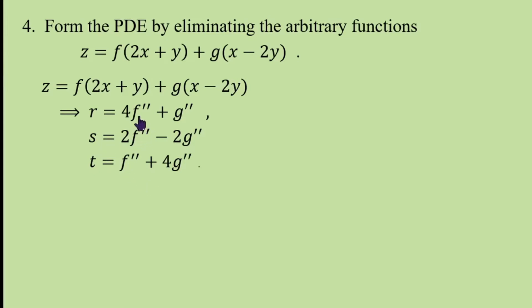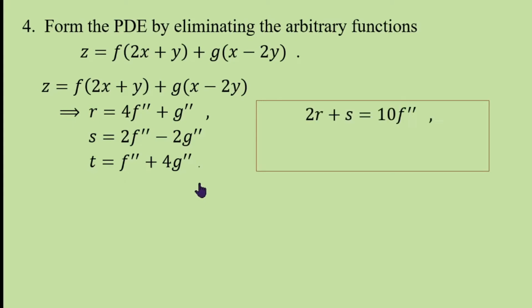Now, how to eliminate f double dash and g double dash? If you take 2 times r and add s, 2r becomes 8f double dash plus 2g double dash. Plus s means 2f double dash minus 2g double dash, so 2g double dash cancels. 2 times r means 8f double dash, plus s, totally 10f double dash.